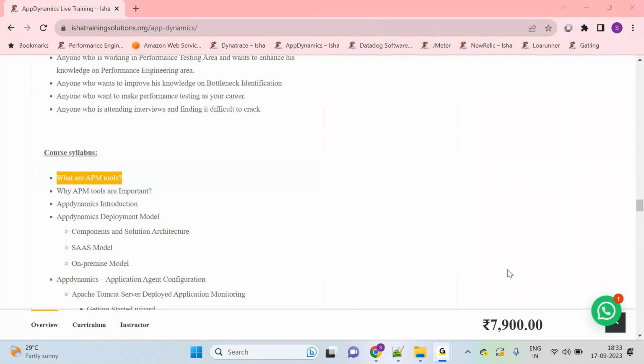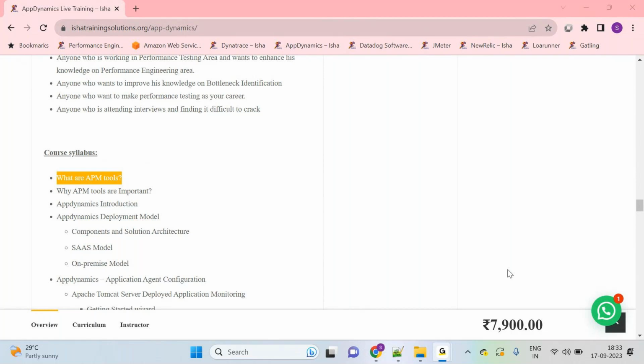Because we are not only going to monitor and provide numbers, we are also doing certain managing activities, like alerting or informing through the notification channel. Some additional managing activities also we are doing. That is the reason we say it is an application performance monitoring or application performance management tool.